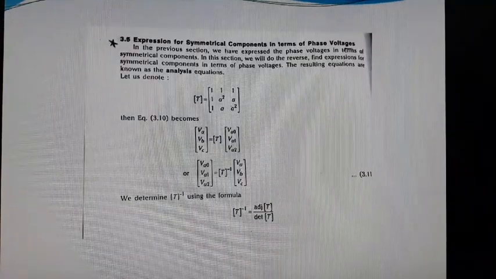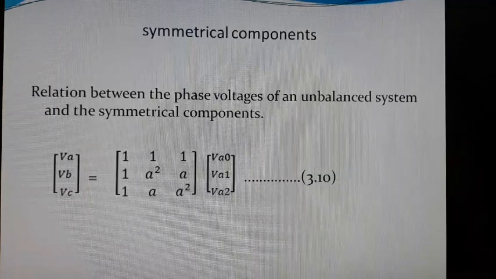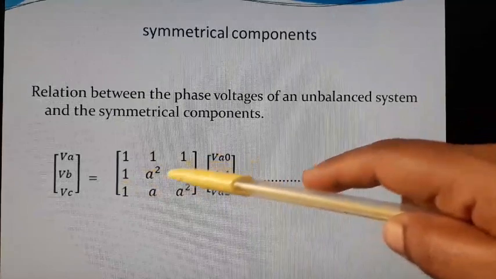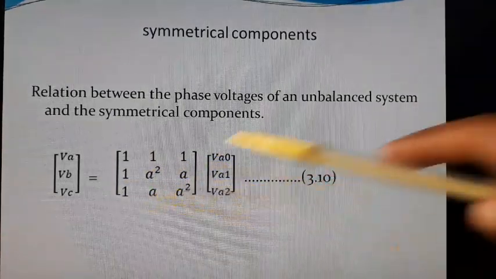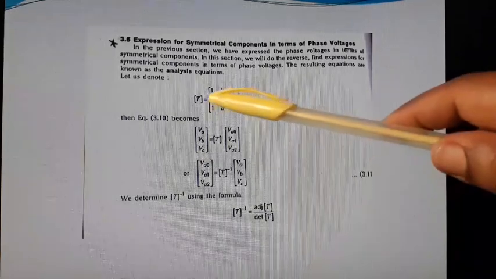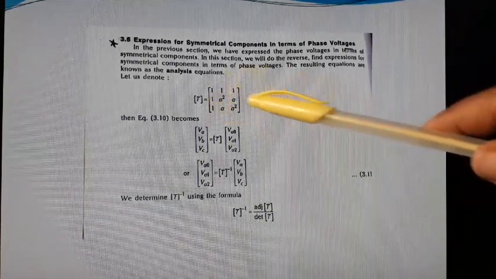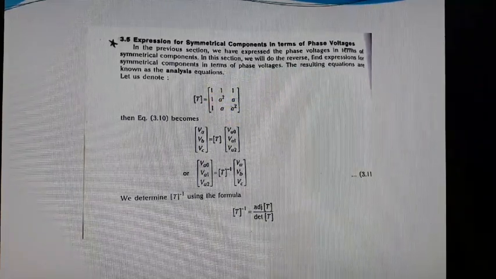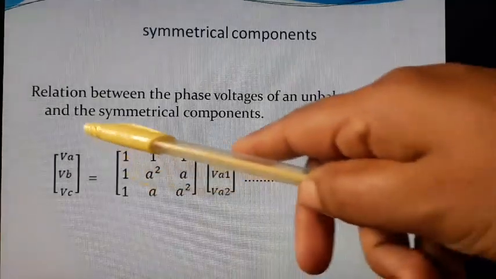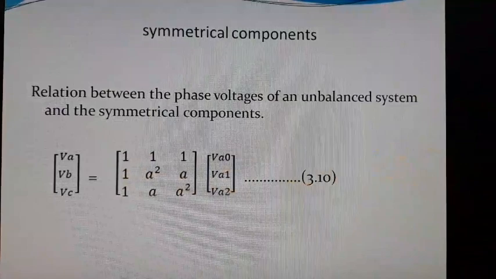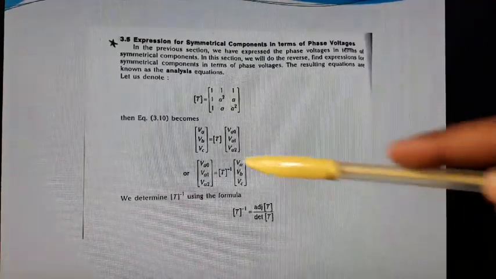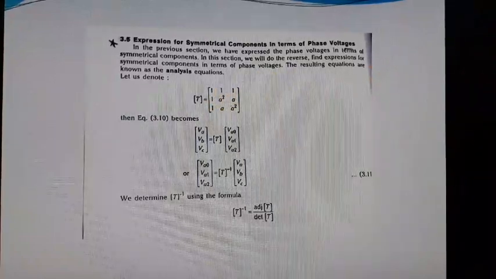Now, from this equation, consider this submatrix, that is 1 1 1, 1 a square a, 1 a a square. Let us assume it as T. Then this equation can be written as [Va Vb Vc] equals T into [Va0 Va1 Va2].